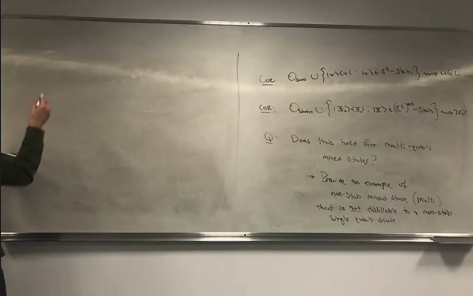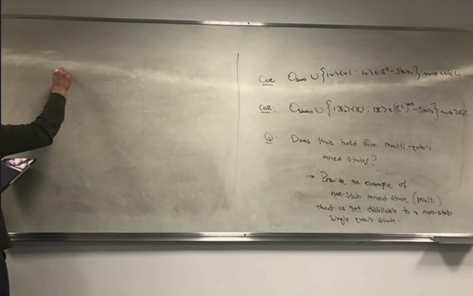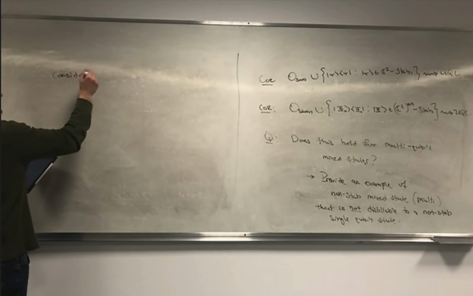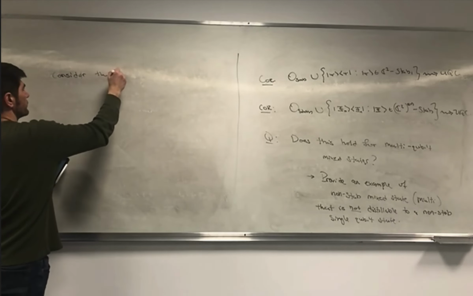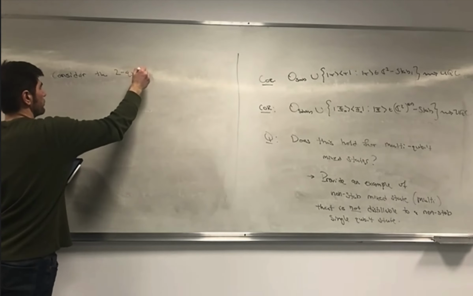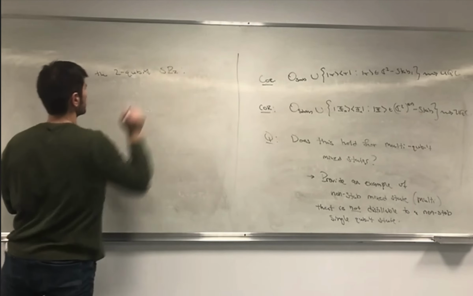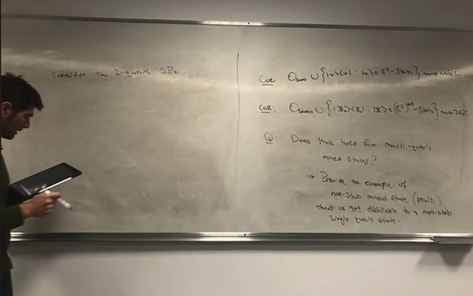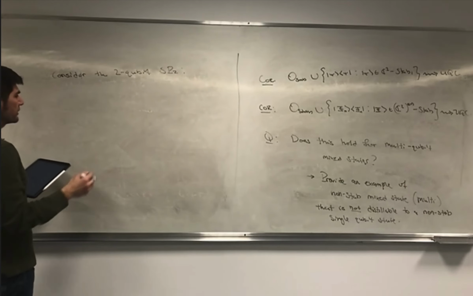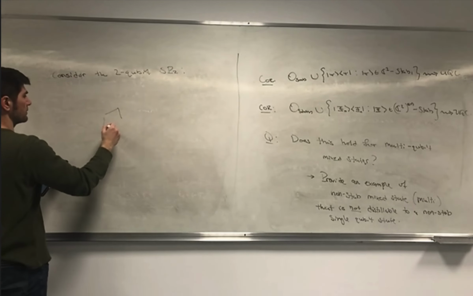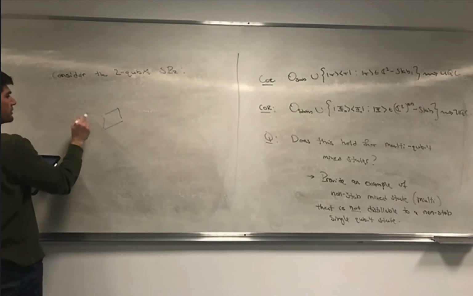So what we're going to do is consider the 2-qubit stabilizer polytope. I'll just call it SP2. And what we're essentially going to do is look at a face of this stabilizer polytope.